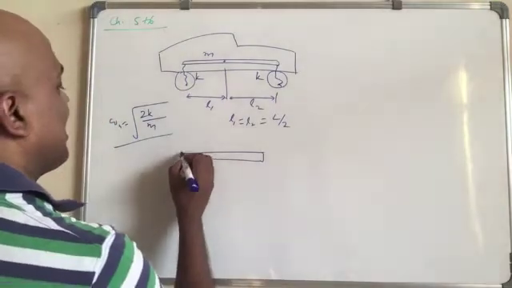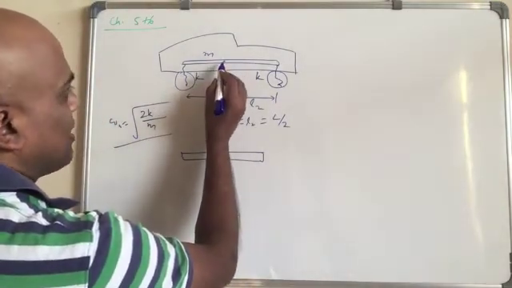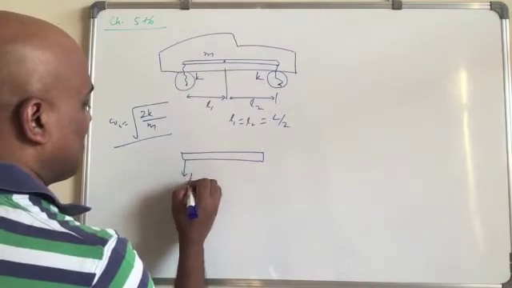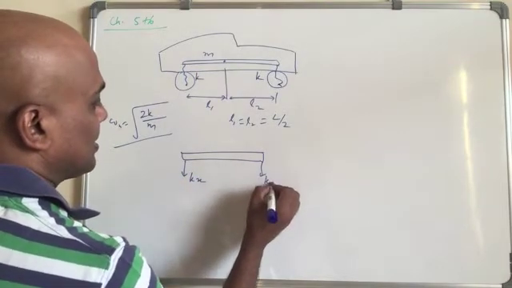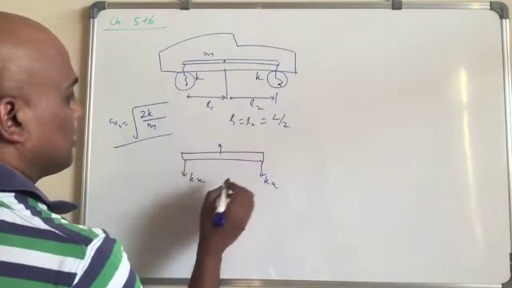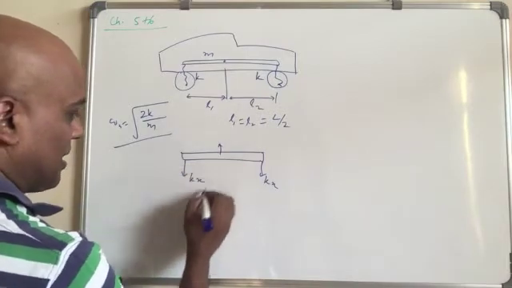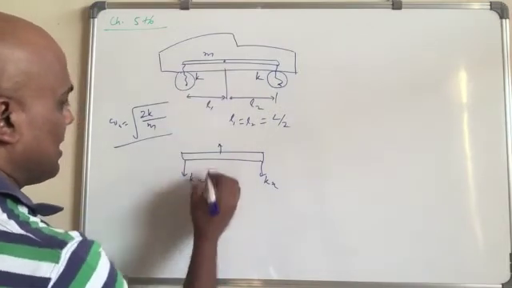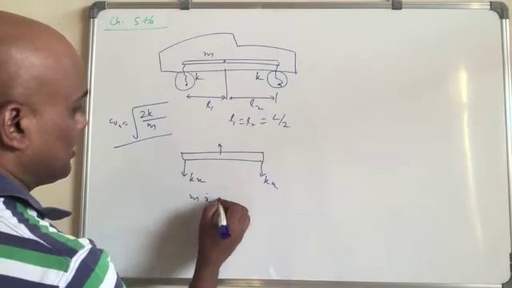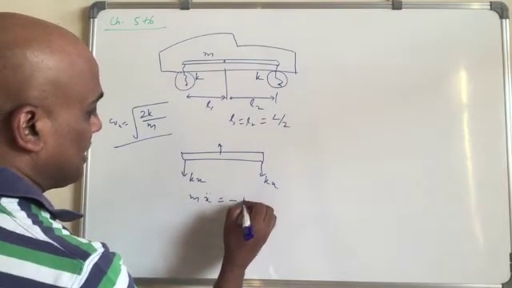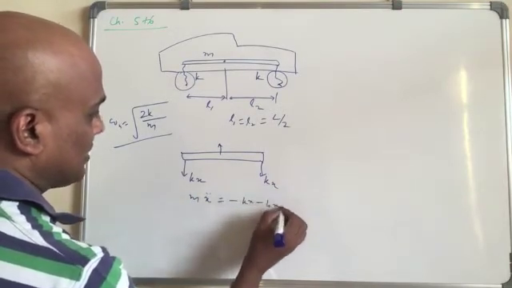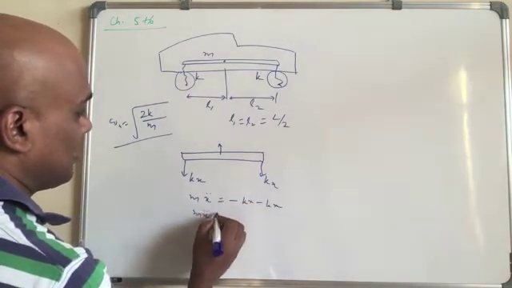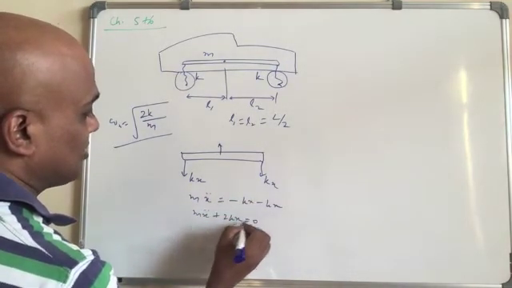And how do you do that? Let us say the displacement is x, and then you have a kx here and a kx here. Here you find m, and x is upwards, so m x double dot equal to minus kx and minus kx, right? So simply you get m x double dot plus 2kx equal to 0.